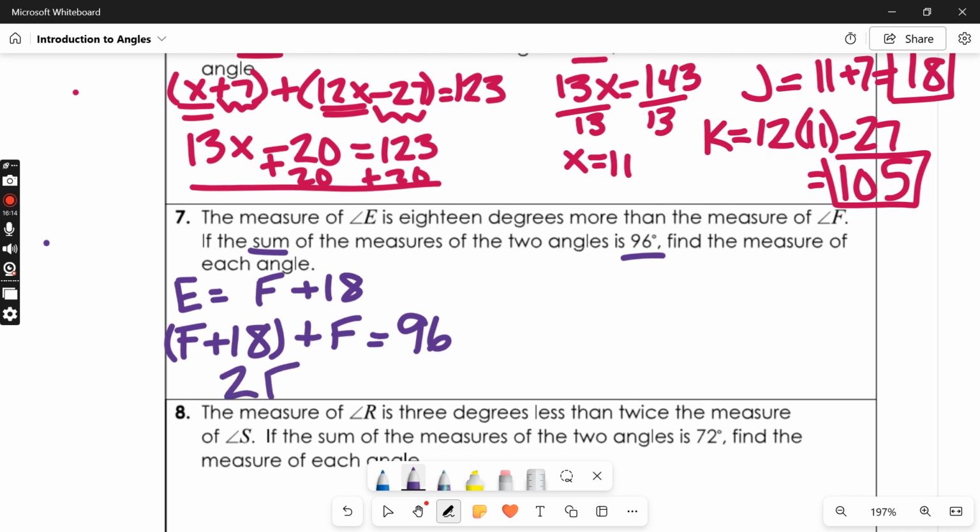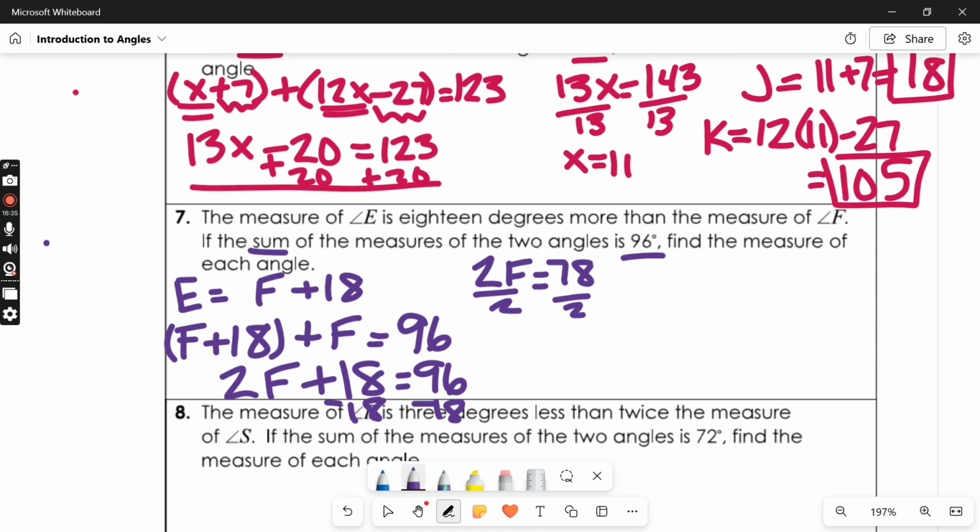So I have 2F plus 18 is equal to 96. I'm going to start by subtracting 18 from both sides. So I get 2F is equal to 78. And then dividing by 2, F is equal to 39.